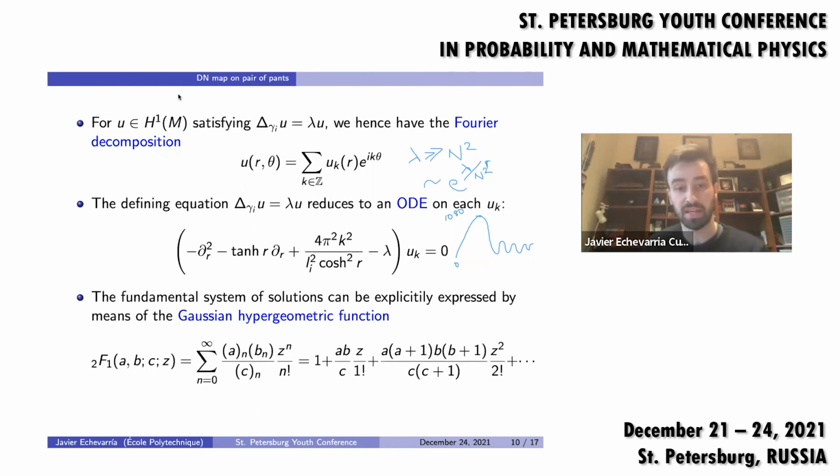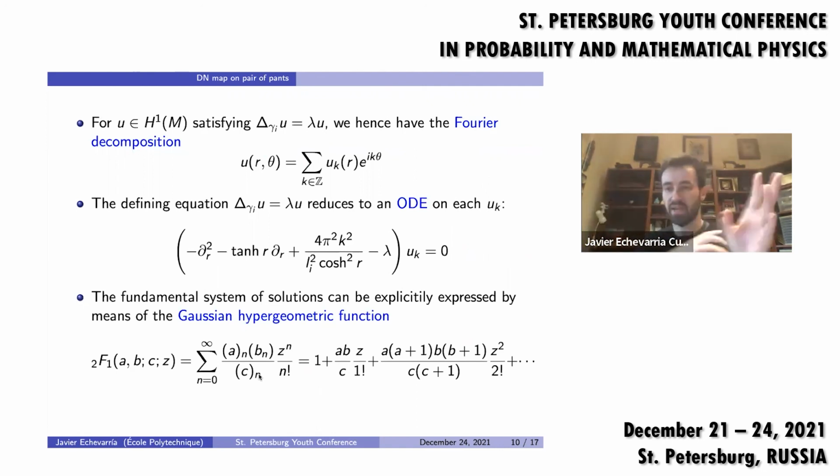I didn't write it down because it's a nasty formula, and I didn't want to dwell too much on it, but there is an explicit dependence on A, B, C, on lambda, on L, etc. We're still trying to make this algorithm sturdier and stronger, working on this hypergeometric solution, because this is the only part where the computer is actually working. The rest is just gluing matrices and doing things in smart ways so you don't have to overcompute. Okay, perfect. Thank you very much.